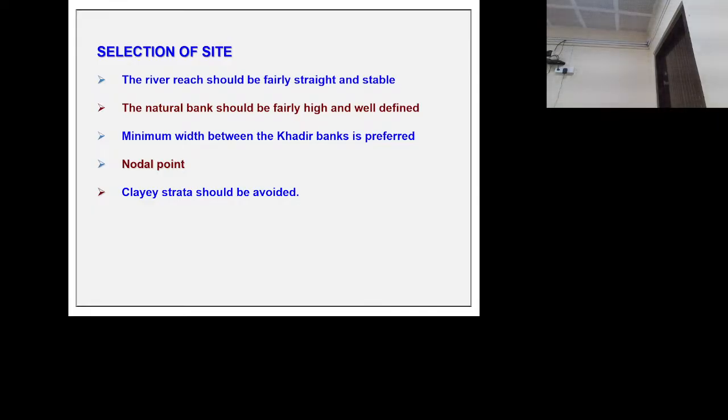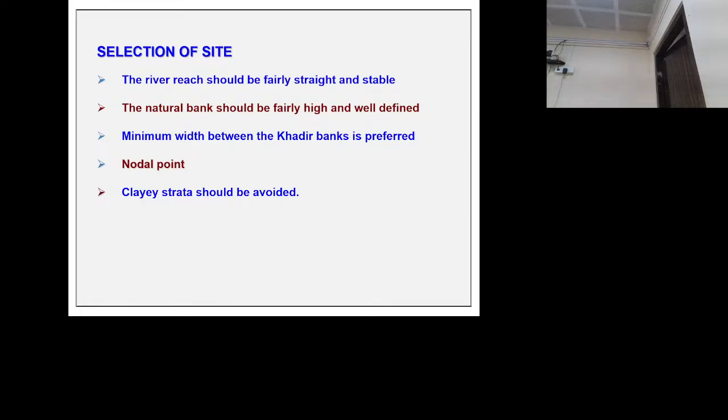In NTPC Barh, what happened? This is in Bihar. We had decided on one location. During construction, they put the sheet piles along this location so that the river goes 1 to 1.5 kilometers away from this portion. There is a huge sand bar nearby this location.